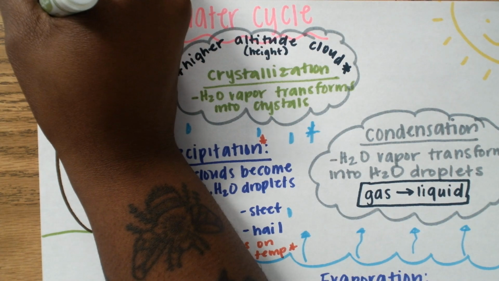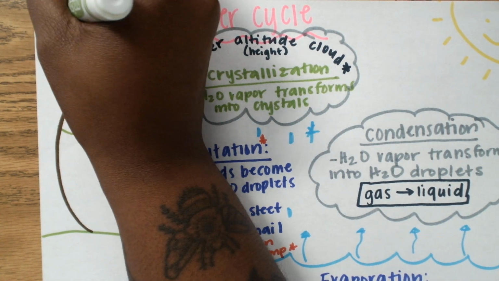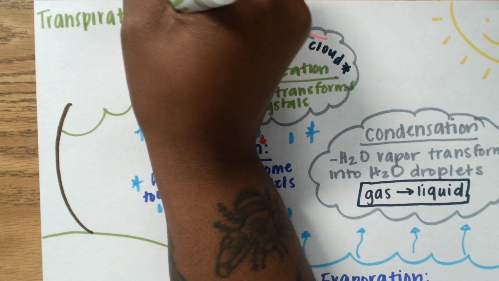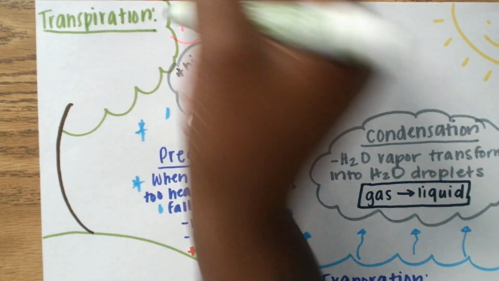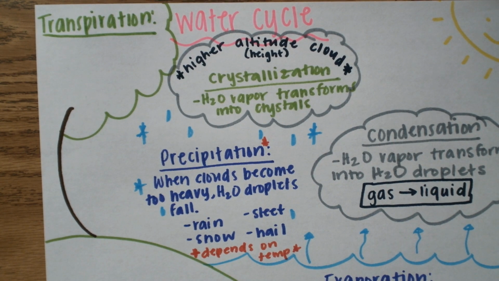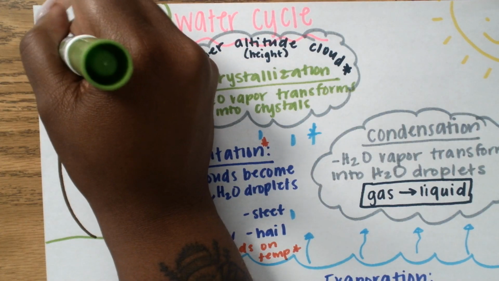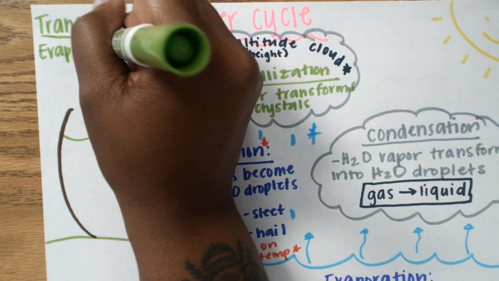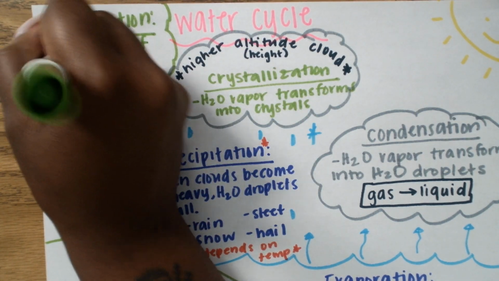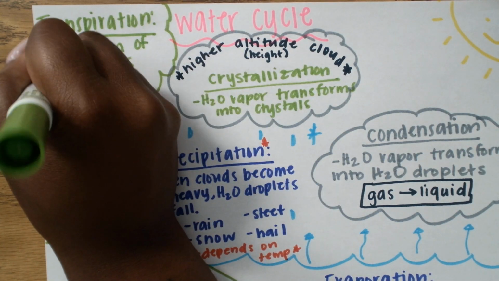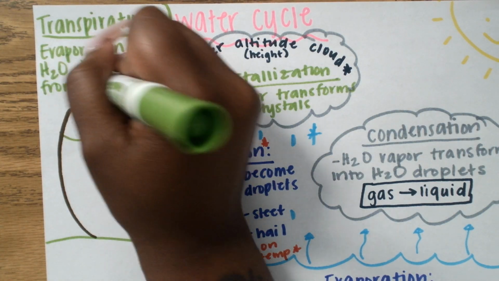So our vocab word here is transpiration. You might have heard it when you say something transpires. It means something happens. So transpiration, all transpiration is evaporation of H2O droplets from plants.